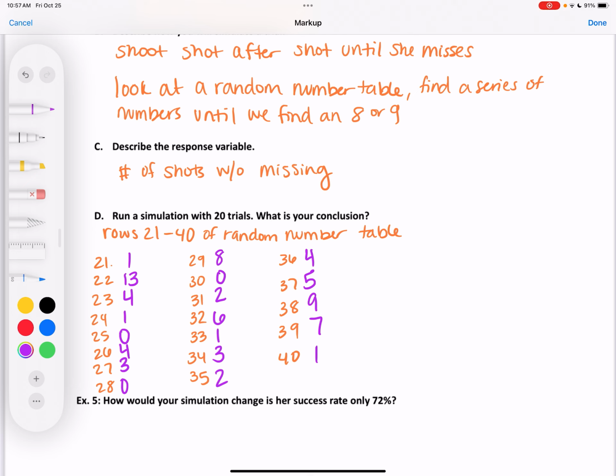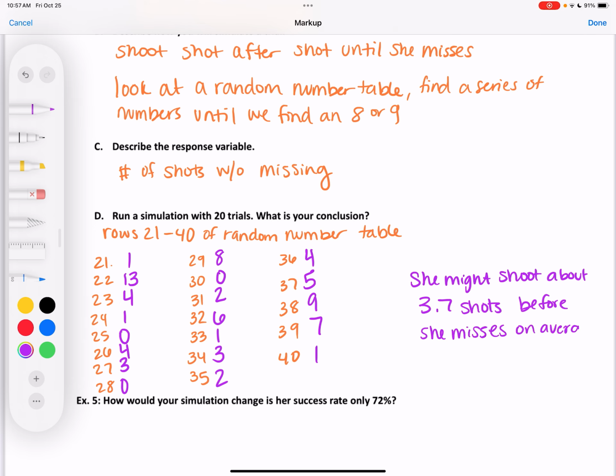When I do that, take all the numbers, add them up, divide by 20, she might shoot about 3.7 shots before she misses on average. Which is pretty good.